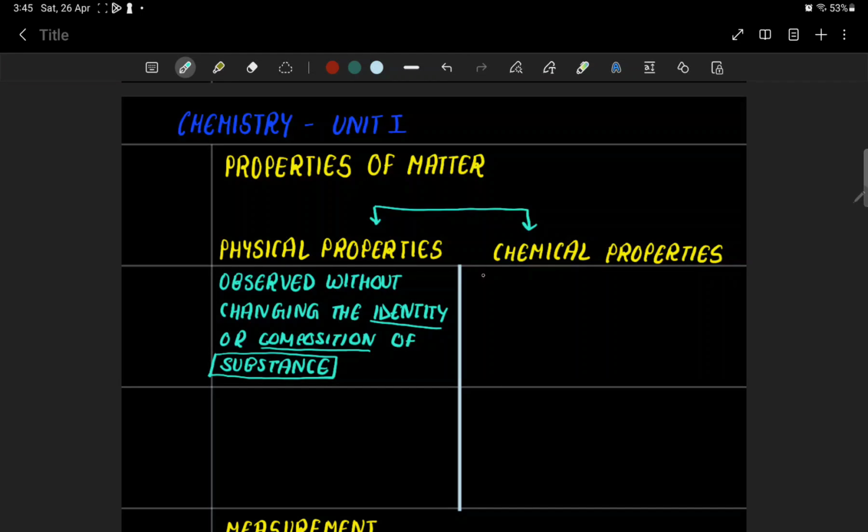To observe chemical properties, a chemical change occurs.